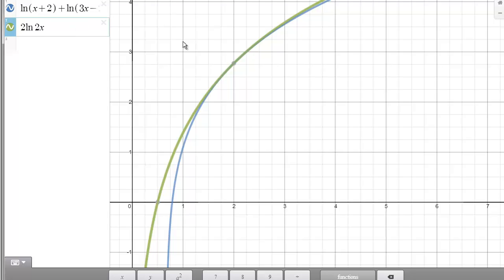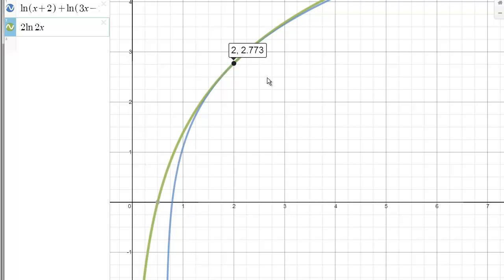Now, there's our graph. Looks like that's our intersection, and it intersected at x equals 2. Verifies what we want. One intersection, and you can see the green line just touching the blue graph, but it's not intersecting in 2 places at all.